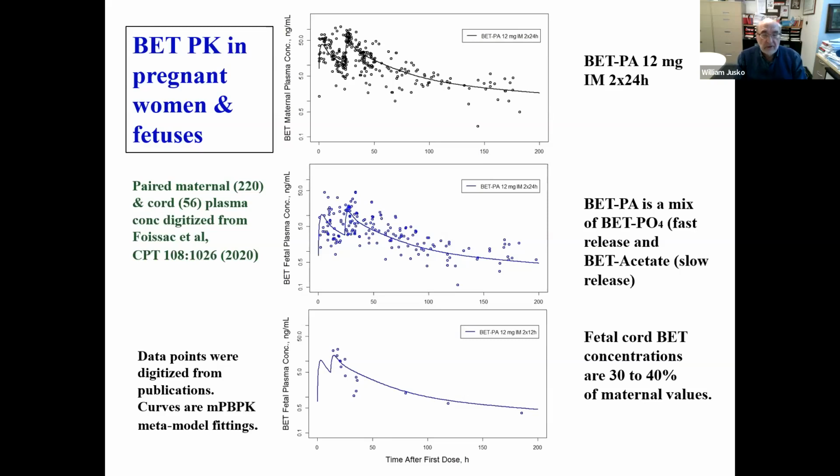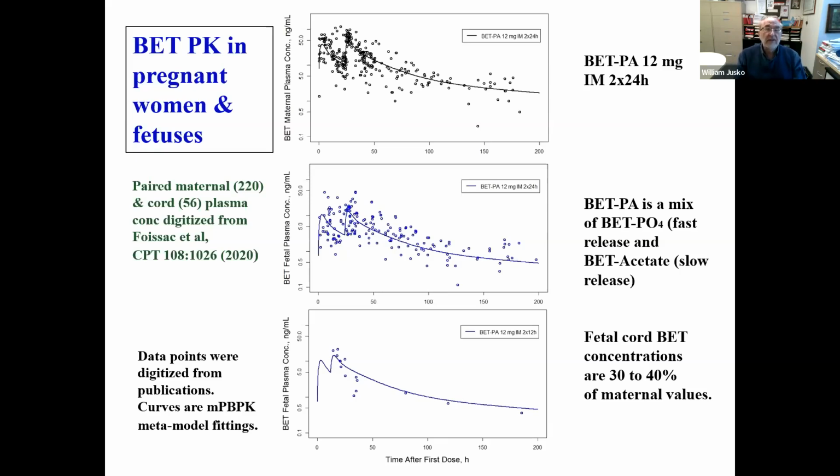The graph at the bottom is from another source. Again, we used multiple sources of information, of data, and I'm just showing part of it. So the data points are what we digitized from the publication, as accurate as we could do. The curves are the result of our minimal PBPK metamodel fittings, where all information about Dex and beta were analyzed together.